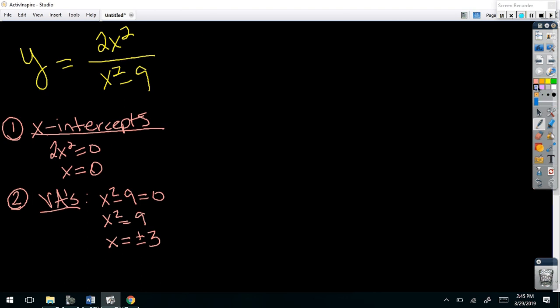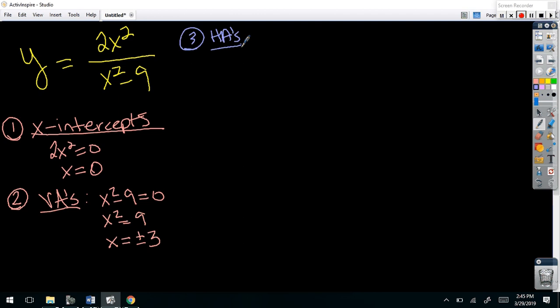Step 3. Which scenario? Is the degree of the top less than, greater than, or equal to the degree of the bottom? Equal to. Yeah. Degree, not leading coefficient.